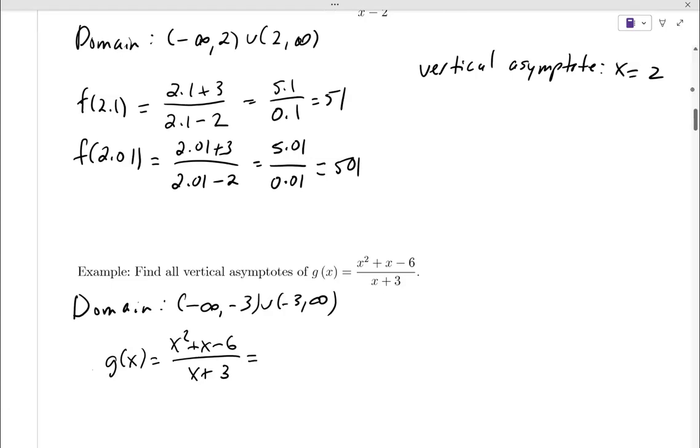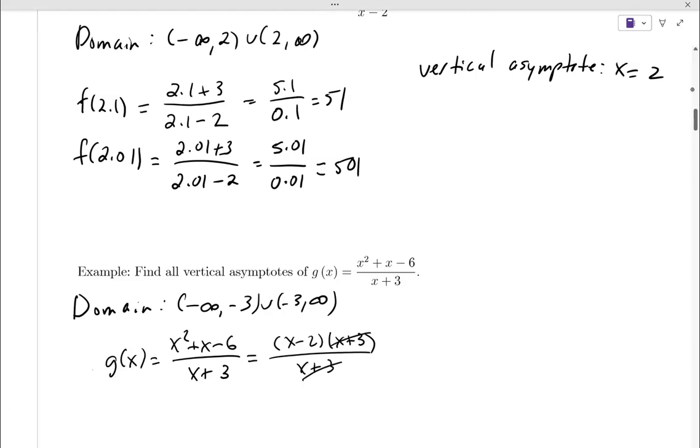Can you factor the numerator? Yeah, what does it factor as? Notice your numerator here factors as x minus 2 times x plus 3. What can we do now? Yeah, they cancel out, the x plus 3s would go away.